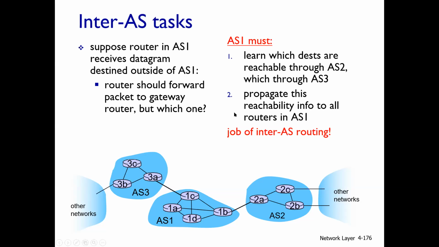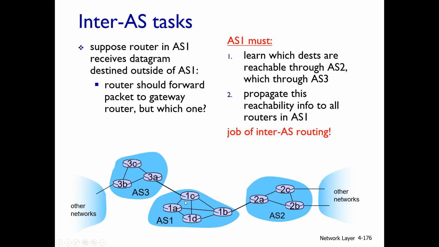Okay? So you need to learn which destinations are reachable. That's the word we use. So you need to work out the reachability of a destination, whether that destination is reachable through AS2 or it's reachable through AS3. If it's reachable through AS2, then you've got to forward your packet through 1B towards the border gateway router there, which is 2A.